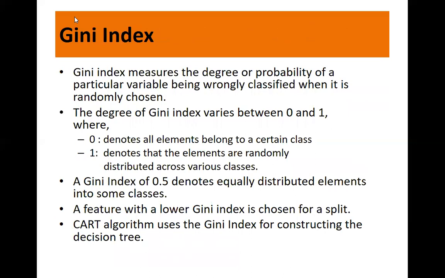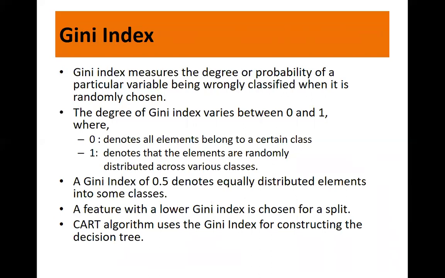Now, Gini index or Gini impurity measures the degree of probability of a particular variable being wrongly classified when it is randomly chosen. Fine. Now, the degree of Gini index varies between 0 and 1, where 0 denotes that all elements belong to a certain class, or that there exists only one class label. And 1 denotes the elements are randomly distributed across the various classes.